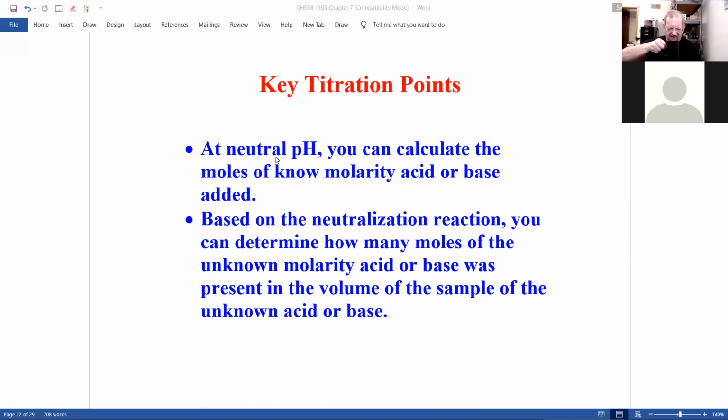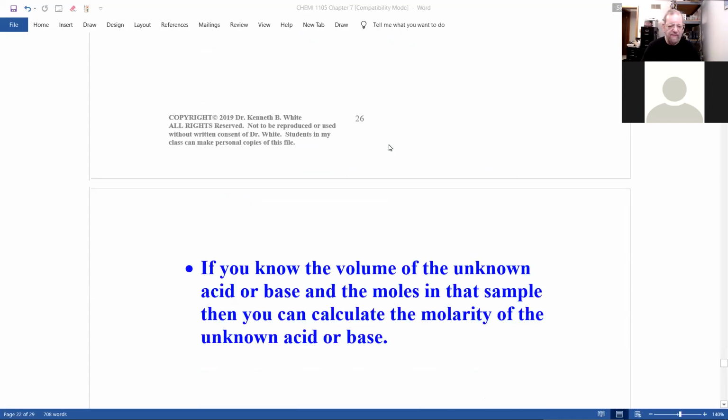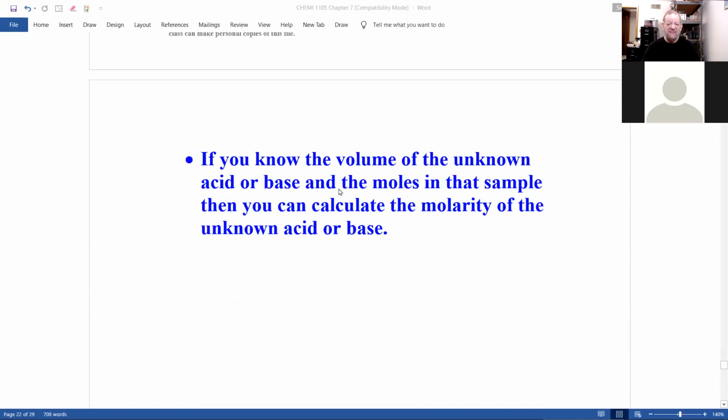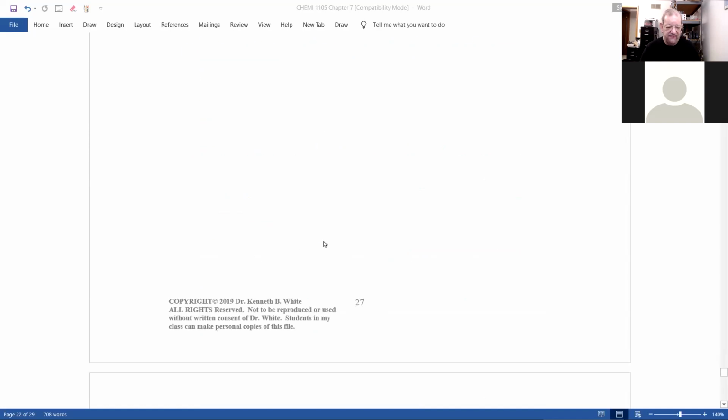And based on that neutralization reaction, you can determine how many moles of unknown molarity acid or base was present in the volume of the sample of the unknown acid or base. So if you know the volume of the unknown acid or base, and the moles in the sample, then you can calculate the molarity of that.